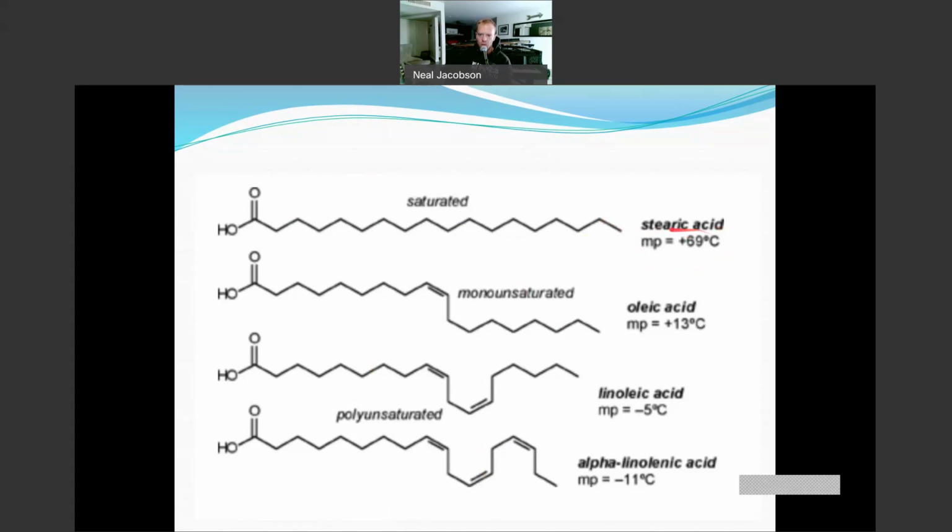If I have a whole vat of these saturated fats, the stearic acid, all hanging out with each other, the molecular geometry, the shape of this molecule, is such that if it bumped into another molecule with the same shape, it could get pretty close to it. Their configurations would line up pretty easily, and they could come in closer proximity to each other.